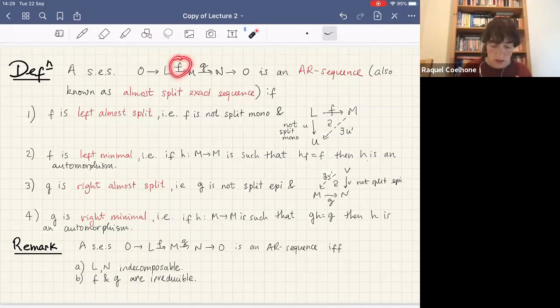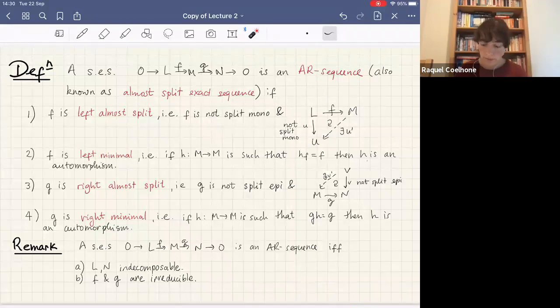the first map here is left almost split. What this means is that f is not split mono. So again, it's not split. But if you have another non-split mono u here, then this factors through f.